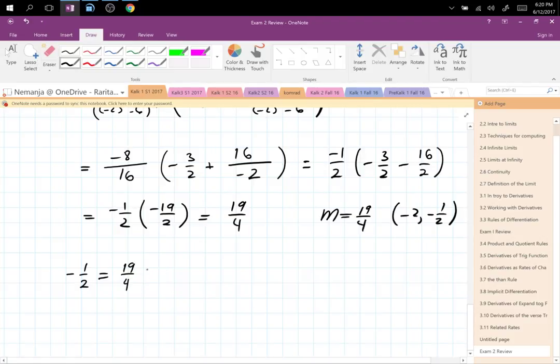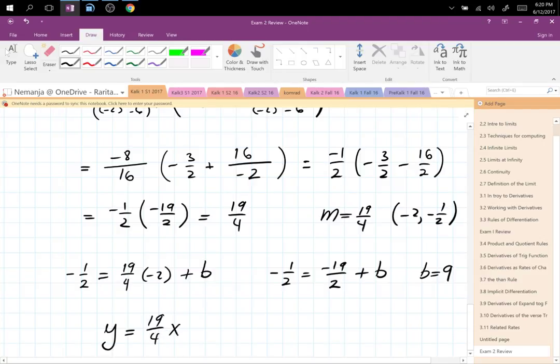Times x, which is -2, plus b. So -1/2 is equal to -19 over 2 plus b. So that's 18 over 2, which is 9. So y equals 19 over 4 x plus 9.